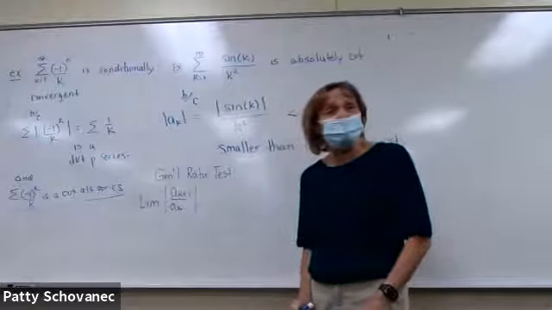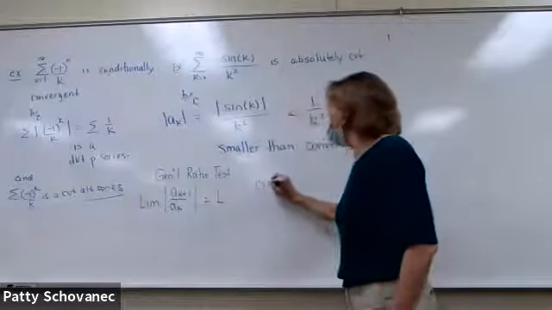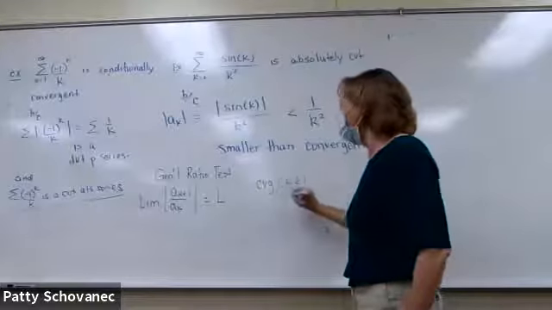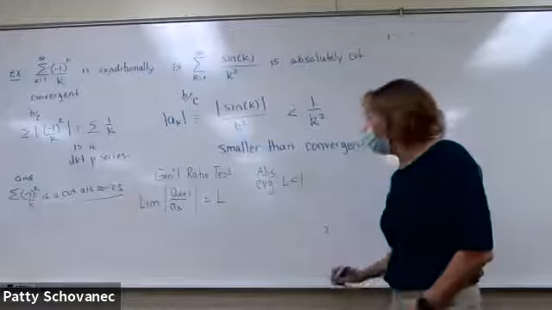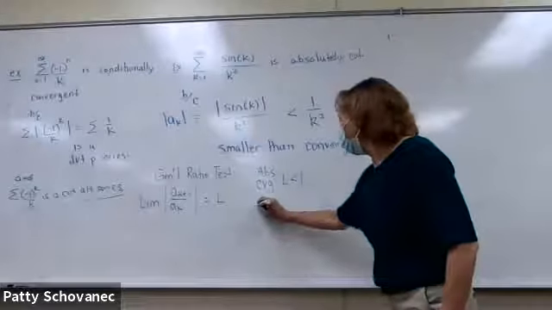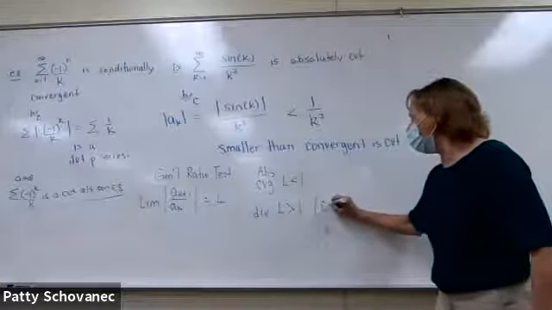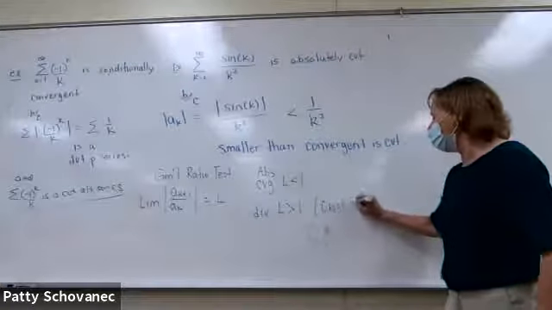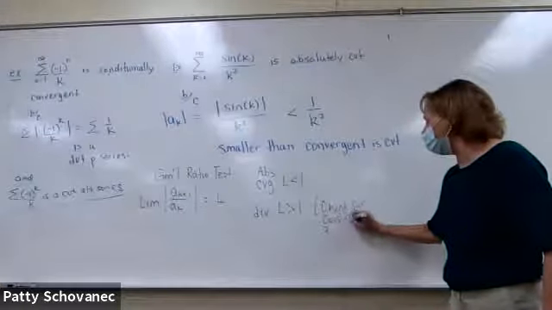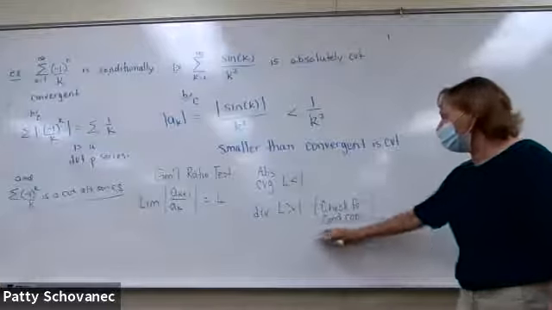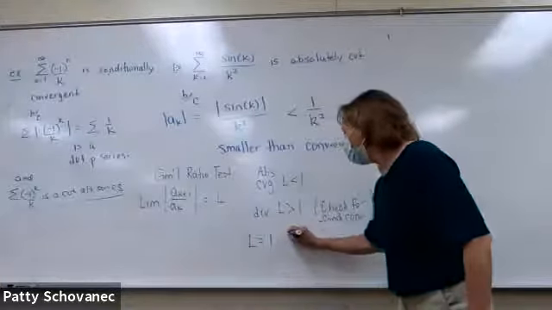Blow off the negative junk. If that number is equal to L, it converges for L smaller than 1, and you say it's absolutely convergent for L smaller than 1. It diverges for L bigger than 1, so then you check for conditional convergence with the alternating series test. And it's inconclusive if L is equal to 1.